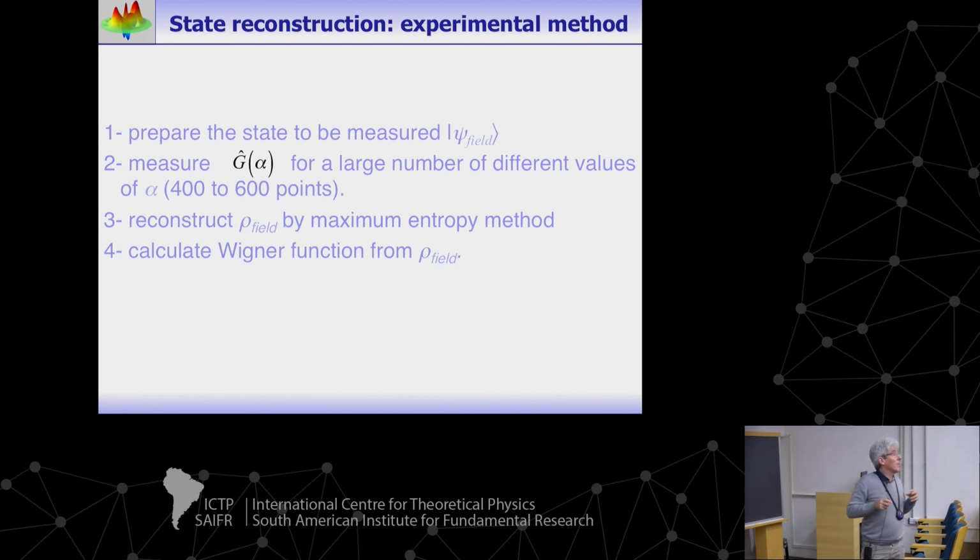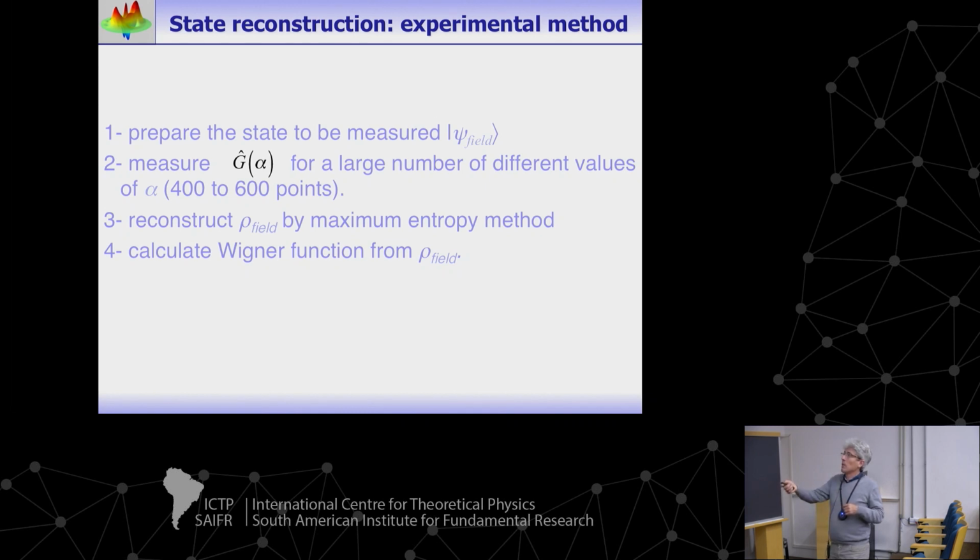So we really sample the complex plane with a very small grain. And then in the reconstruction I will present, we use the maximum entropy method in order to minimize a priori information about the field and have a kind of worst case estimate of what the field state in the cavity is.